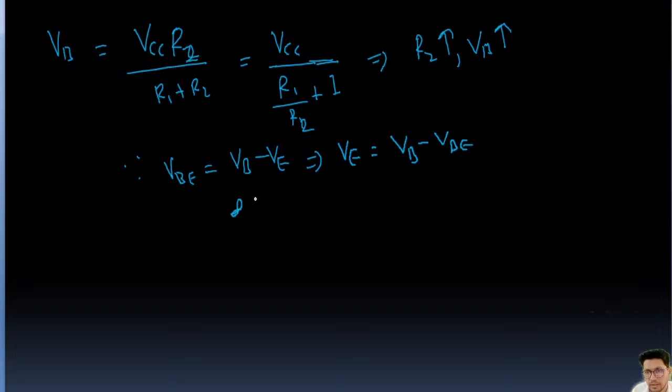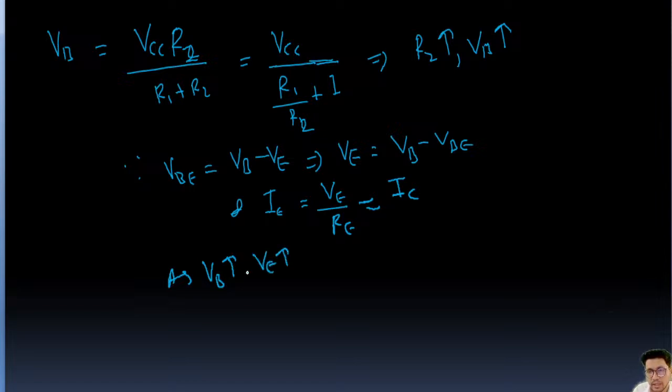And also we know IE equals VE upon RE, emitter voltage upon emitter resistance, right? Emitter current, and we know this IE is almost equal to IC. So we can see as VB increases, VE also increases.